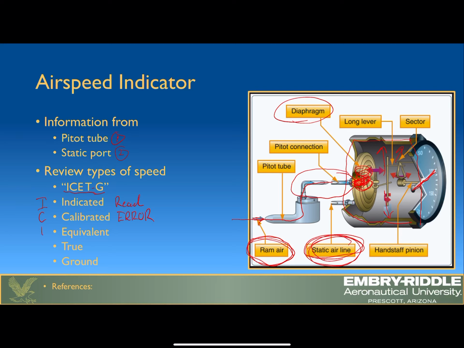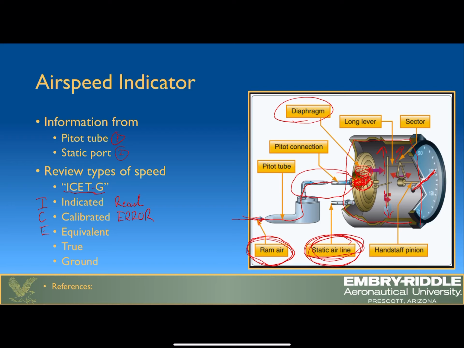Next, we have E, which stands for equivalent. Remember, equivalent airspeed has to do with compressibility. As your aircraft goes faster, greater than, let's say, 100 knots, we start to have what's called compressibility error. The aircraft is moving so fast that there's so much air trying to get inside the pitot tube that it starts to bunch up.